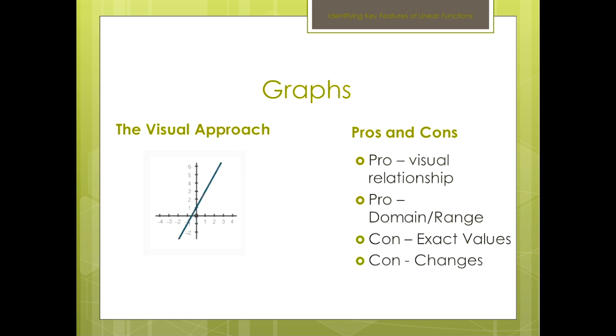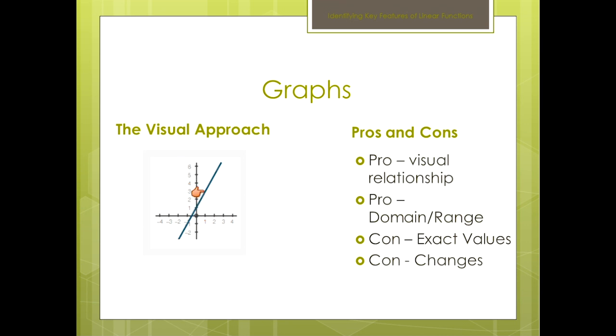And then the third approach that we talk about in this video is going to be a visual. As you notice, it is easy on the eyes. It gives us a direct look into the visual relationship of a linear model. And also, not too foreign to you is the domain and range, which I can identify here because it is a linear model, that both my domain on the x is all real numbers as well as my range on the y is all real numbers.